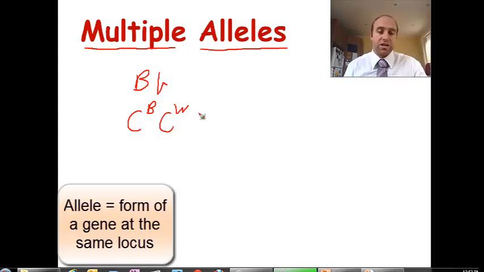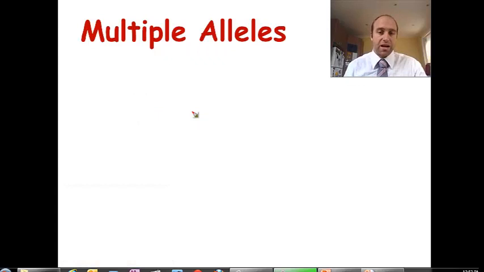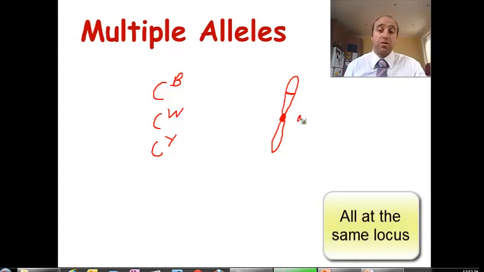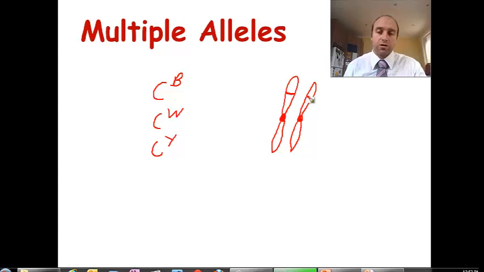For example here, imagine with our multiple alleles that we had a possibility of a black, a white, or a yellow. What that really means is if we look at our chromosome, on the little section of the chromosome where the gene is, where that allele is, either one of these three could slot into the spot. We've got maybe three options, but we only have two chromosomes.